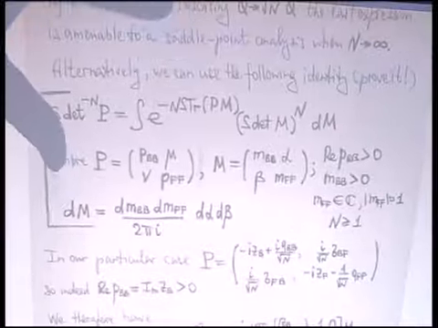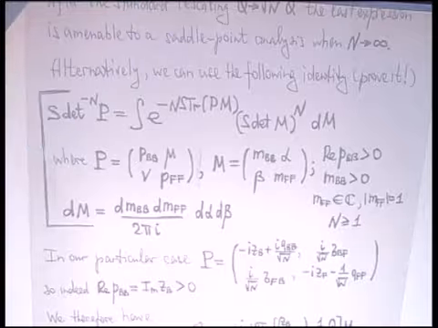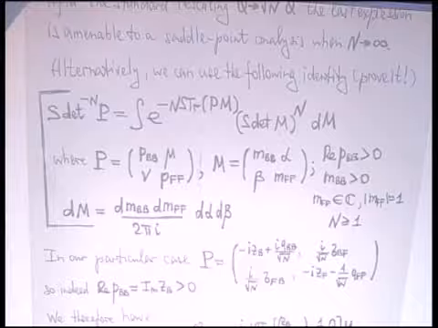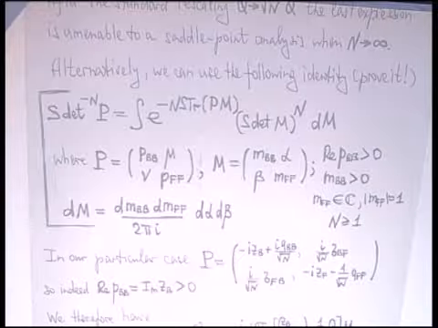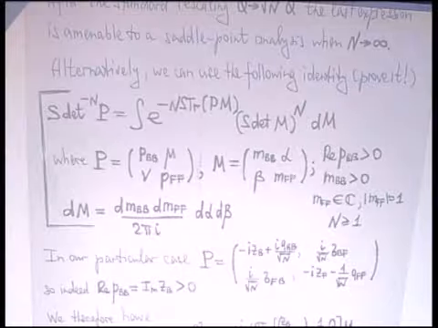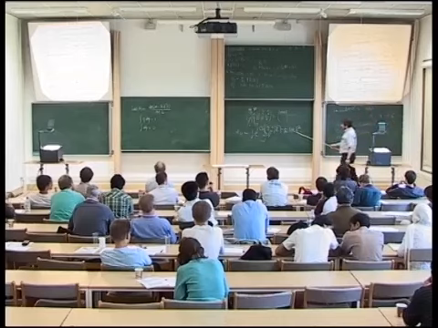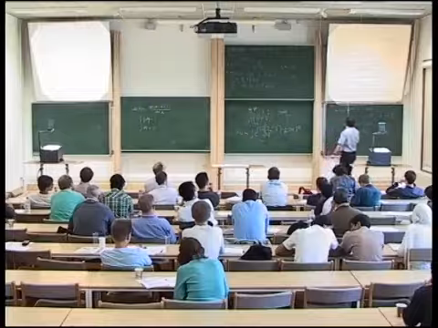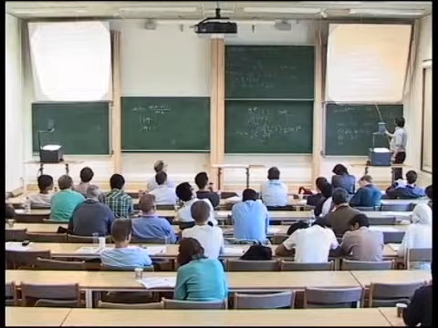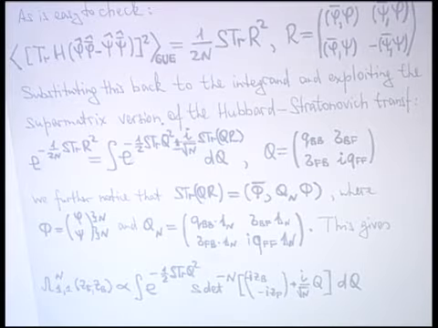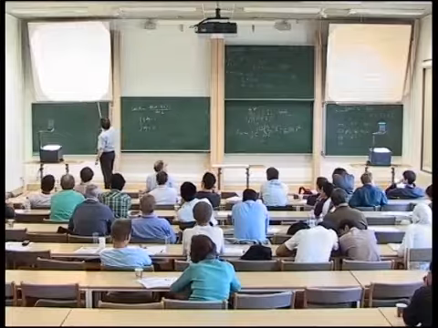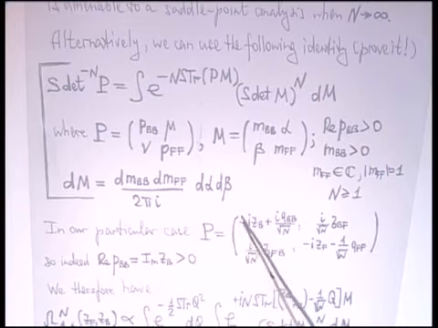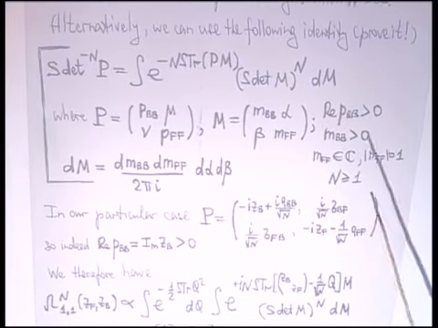In our particular case, for our particular problem, let us look here. This is our matrix P. Due to the choice of sign of Z_B that we have been making from the very beginning, that the imaginary part of Z_B is positive, you may immediately check that indeed this matrix satisfies the condition that the real part of this object is positive.